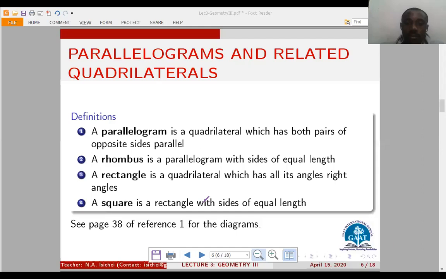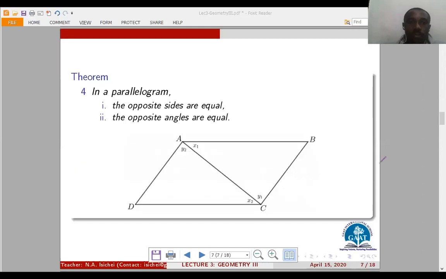Okay. So next, I'm talking about the fourth theorem, and the statement is given as follows. In a parallelogram, 1, the opposite sides are equal. 2, the opposite angles are equal.